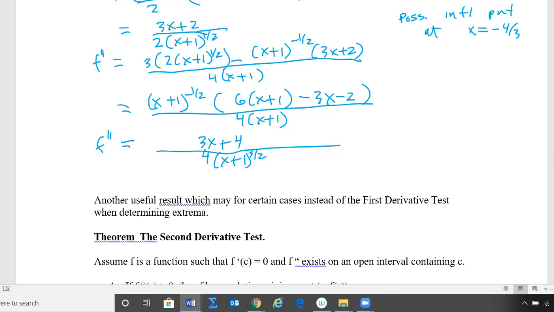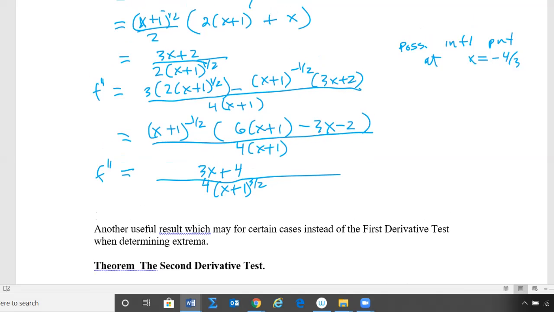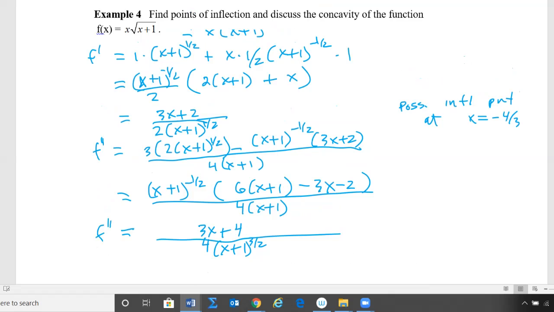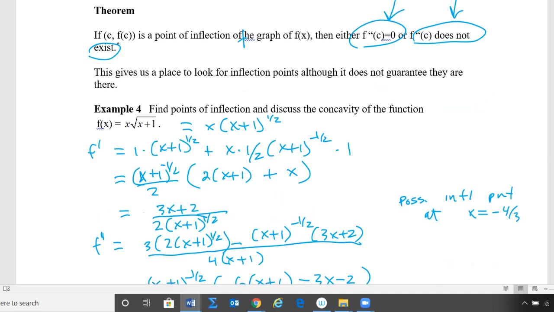That's where the numerator is 0. We won't pay any attention to that denominator, even though it goes undefined at -1. We're not going to worry about that right now. Our question was find inflection points and discuss the concavity.